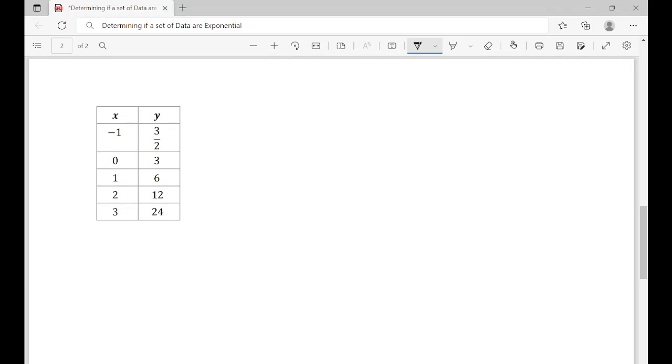Here is our last set, so we're going to see if this is exponential. So 3/2 and 3, so it's going to be 3 over 3/2. And reducing this down, you're going to get 2. All right, let's do it again for 3 and 6. So 6 over 3 is also going to give us a 2.